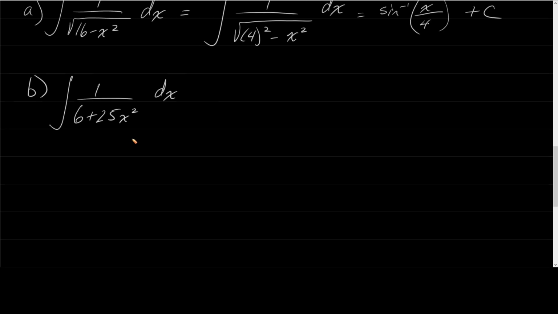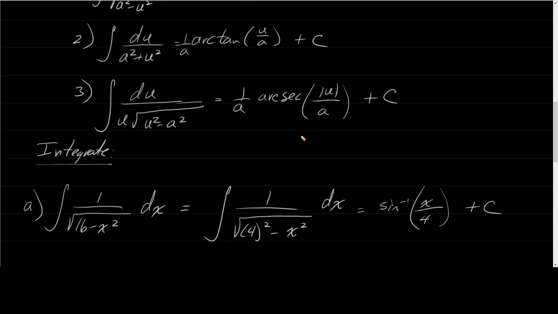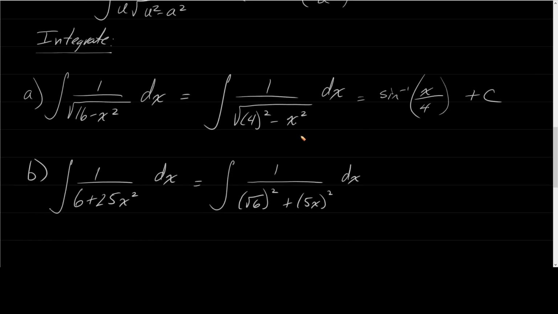All right, so what we're going to say here, well, let's rewrite this. This is going to be the same thing as saying the integral of 1 over the square root of 6 squared plus 5x quantity squared dx. And look at that. Now it's perfectly in the same format. a squared plus u squared on the bottom.